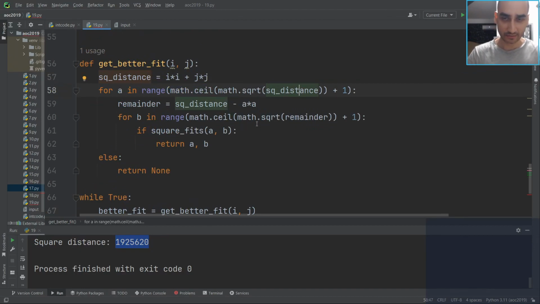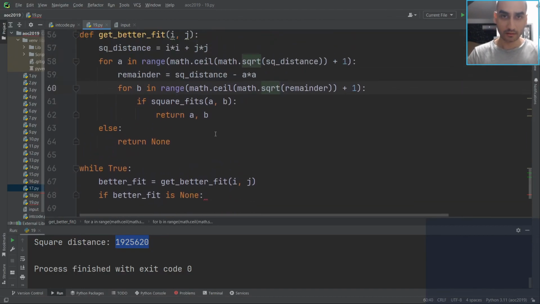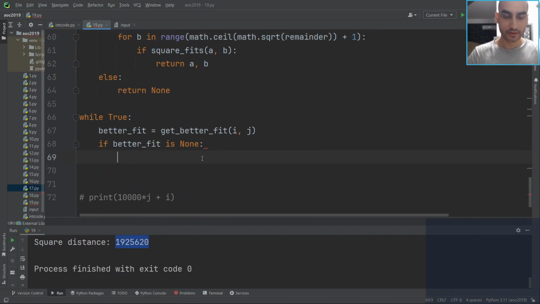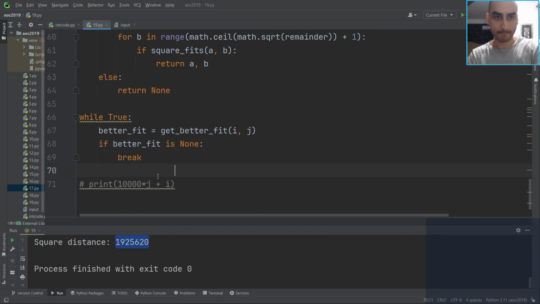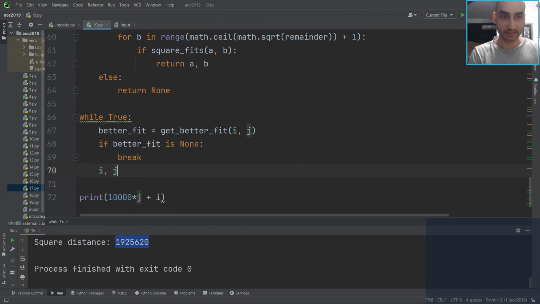If I've done that calculation correctly, I don't know. So if better fit is none, then break, and then we've actually got the answer. Otherwise, we say i, j is replaced by whatever we found here.